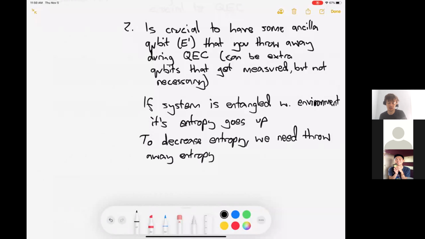What is that entropy? It's the entropy of ancillas that are entangled with the environment.